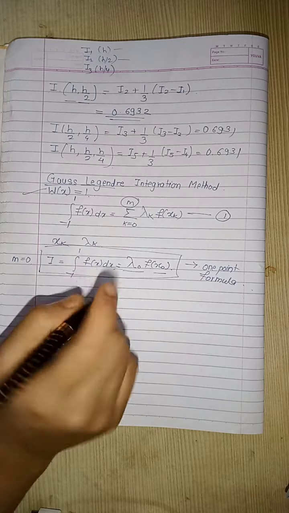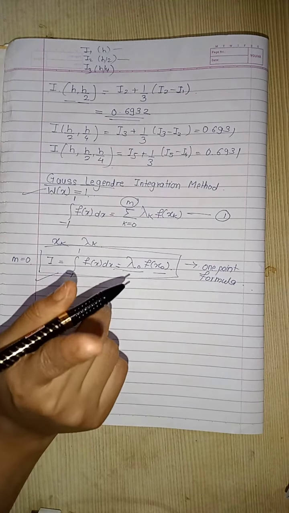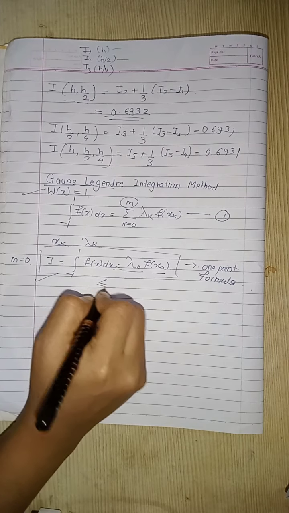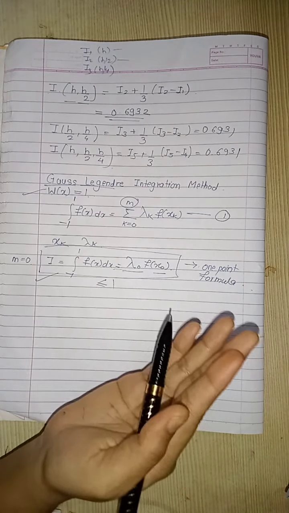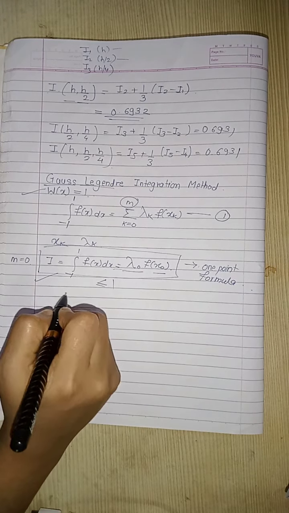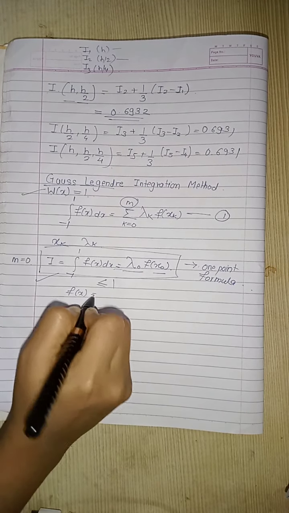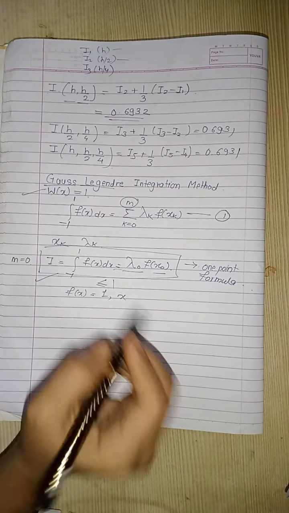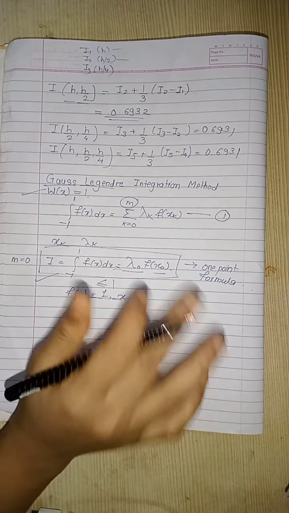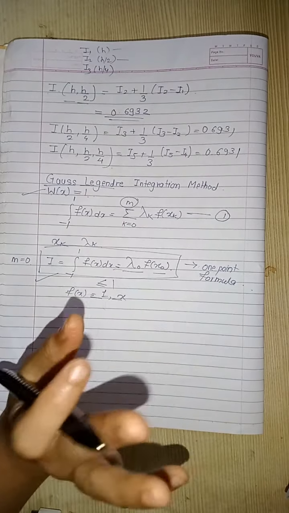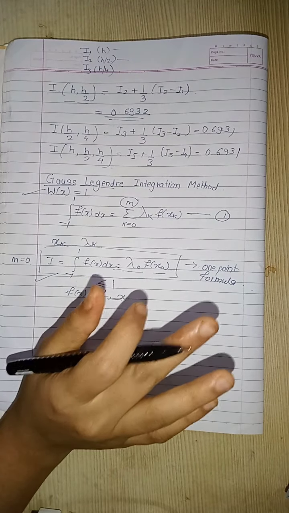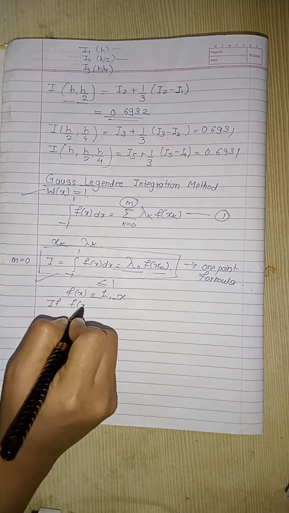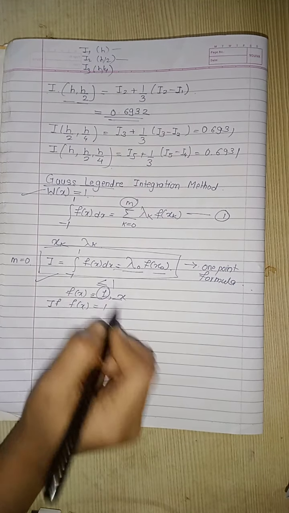Okay, so now this formula is applicable only for the polynomials of degree less than or equal to 1. So maximum degree is 1. So we are left with f of x as either degree 0, that is 1, or x. Okay, so these are the possible polynomials for this kind of condition, that is one point formula. Now if we consider f of x equals to 1, so let us take one case.